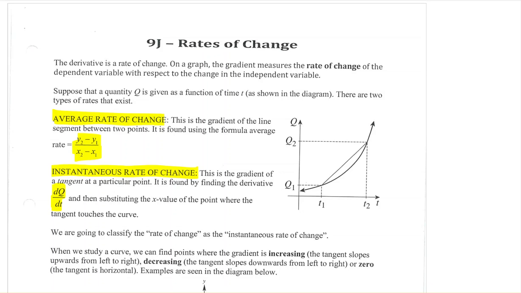Sounds familiar, hopefully? We are going to classify rate of change. So if you see those words in a question, you are going to classify that as an instantaneous rate of change. You're going to find the derivative and you're going to sub into it, okay? Unless it asks for average rate of change, specifically, we're going to use the derivative, okay?